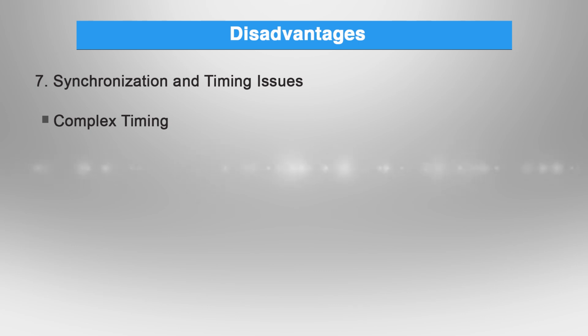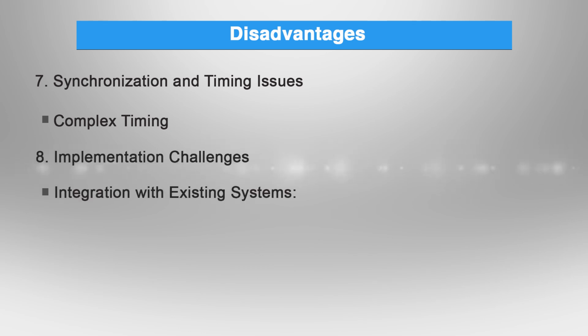Next is synchronization and timing issues, meaning complex timing requirements. Techniques like coherent detection require precise synchronization between the transmitter and receiver, which can be challenging to maintain, especially in high-speed systems. Next is implementation challenges, meaning integration with existing systems.